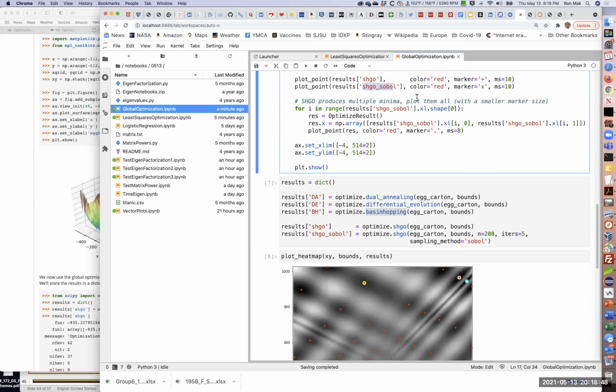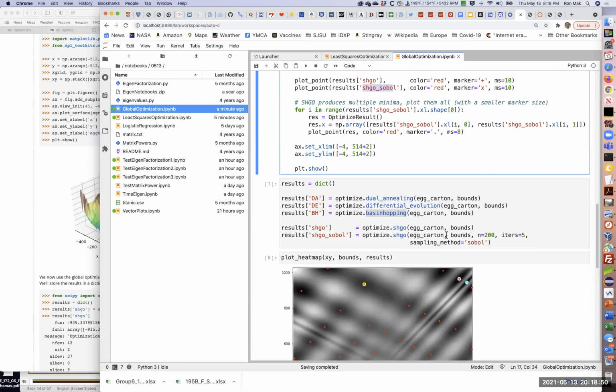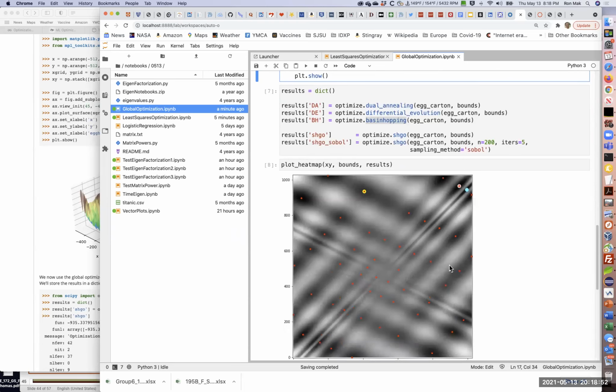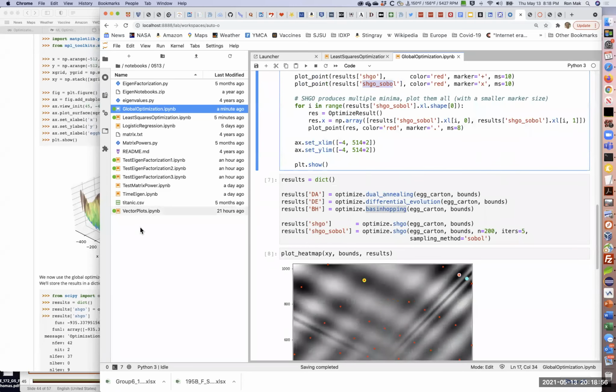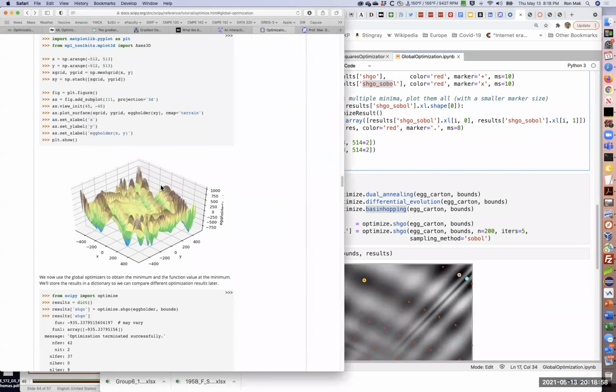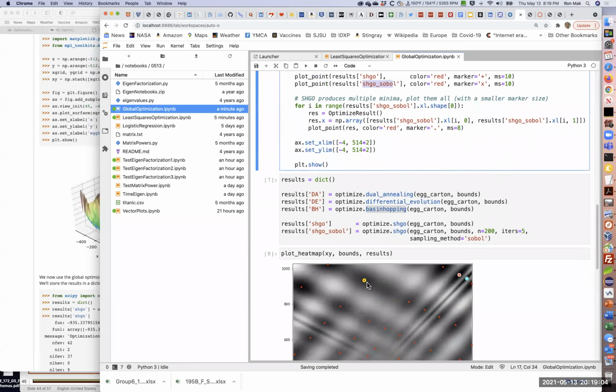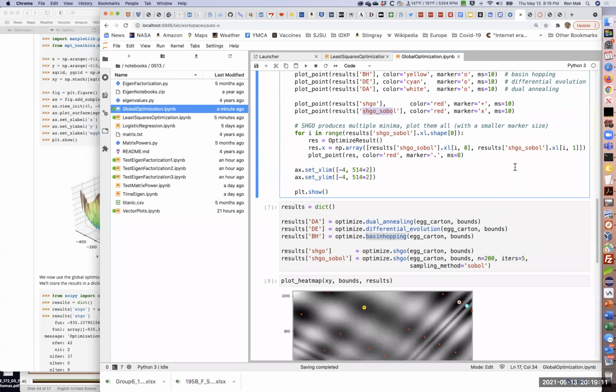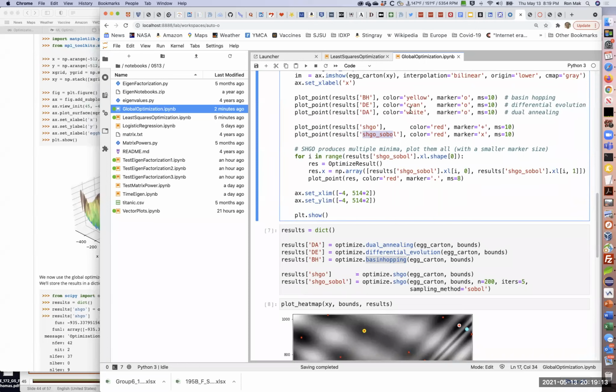So the different algorithms apparently are finding different points here. It could be that some of the minima are equal to each other, and so they're finding different ones. So we have a blue disk, that's cyan here. MS is marker size.